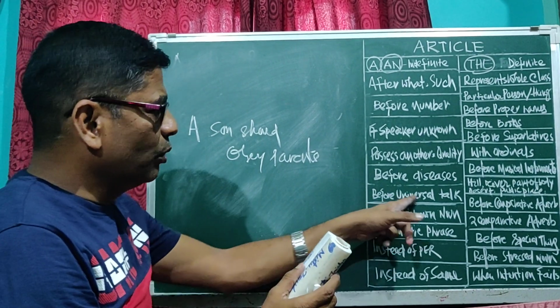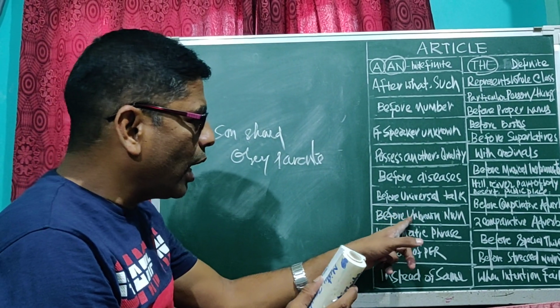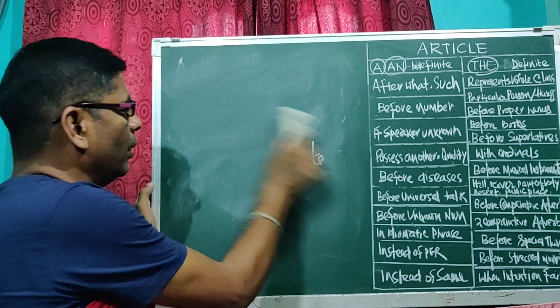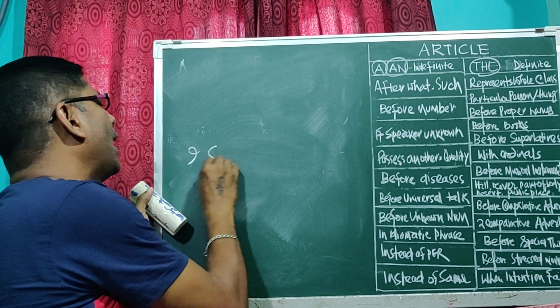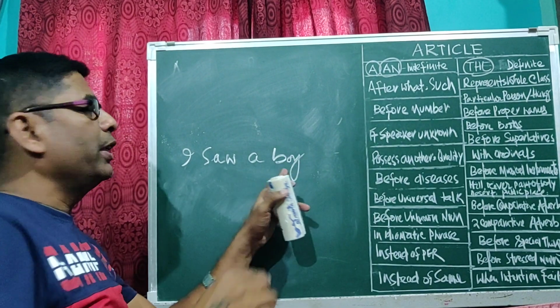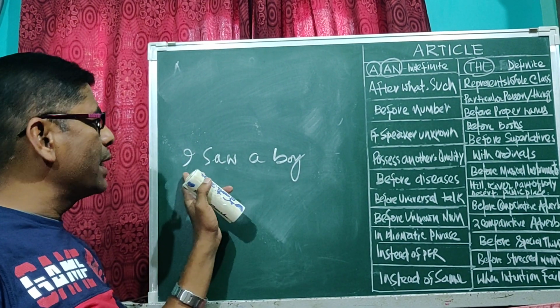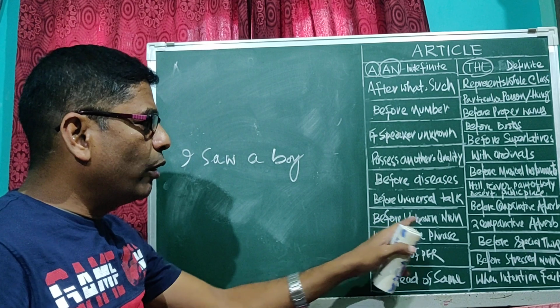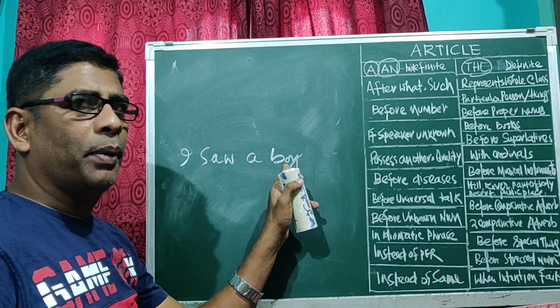This is a universal tag. Before an unknown noun. I saw a boy. The boy is unknown to me. That's why I say, I saw a boy.